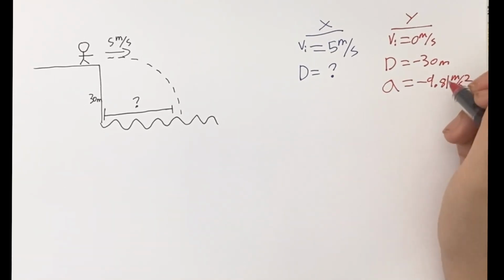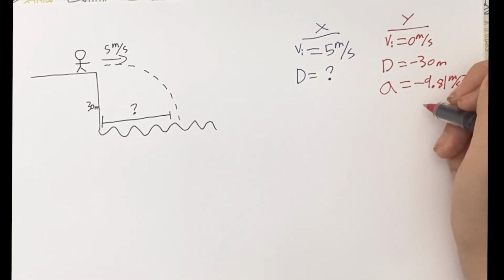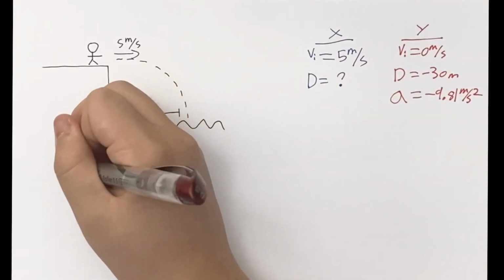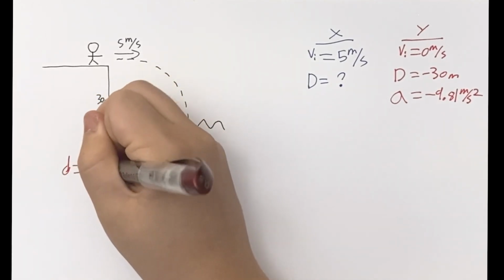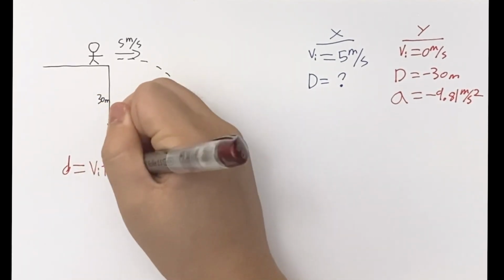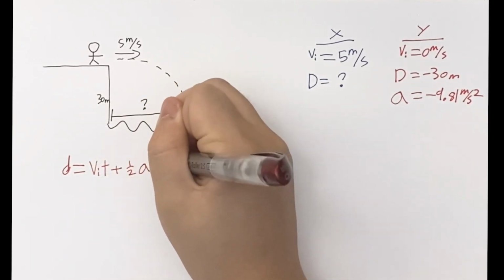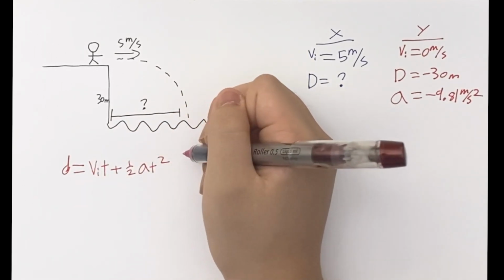Now time is going to be the same for x and y, so we should look for time. We don't know the final velocity and don't want to know it, so we should try to use a formula that doesn't involve final velocity. We can use the equation d is equal to vit plus 1/2 at squared, because this doesn't include final velocity.